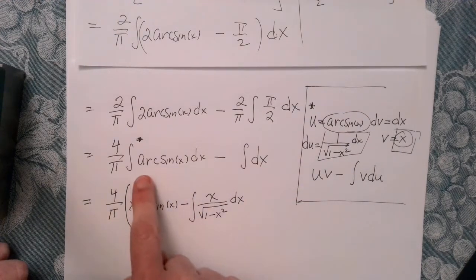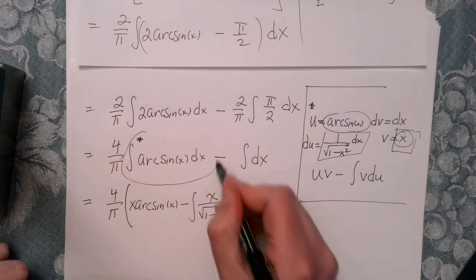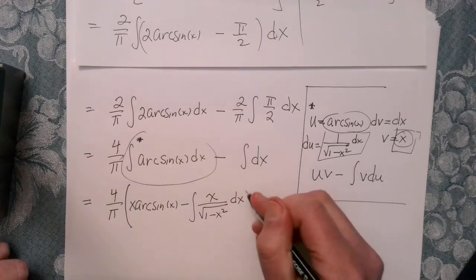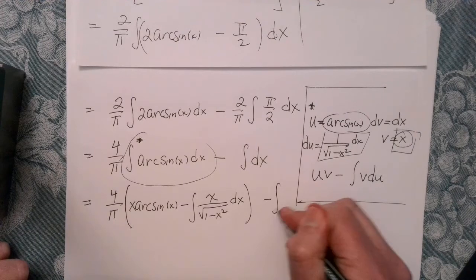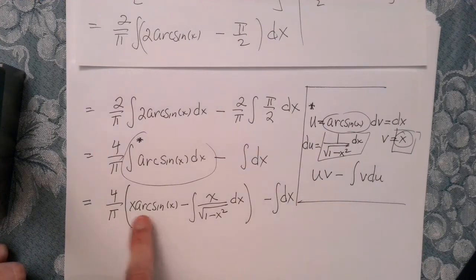And this quantity is replacing this right here. So I still have this, don't forget about that. Okay, so uv minus the integral of v du.